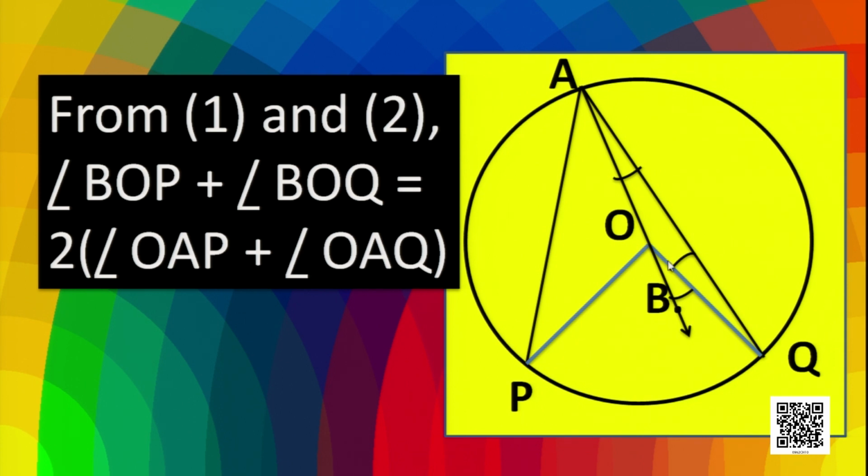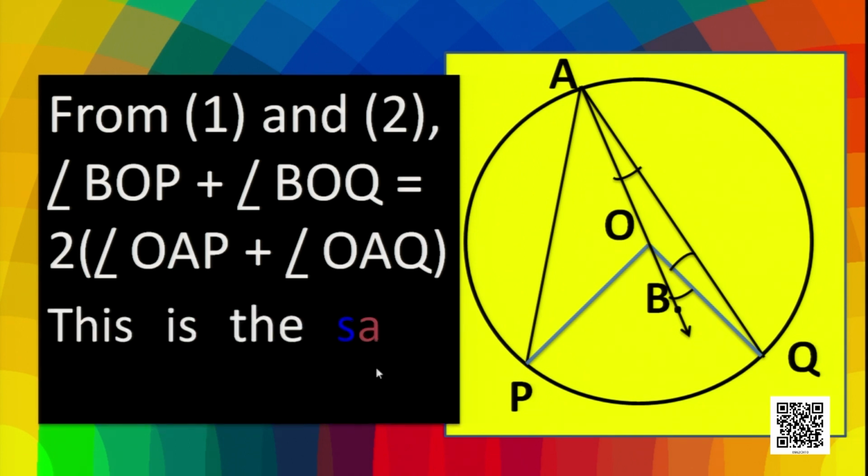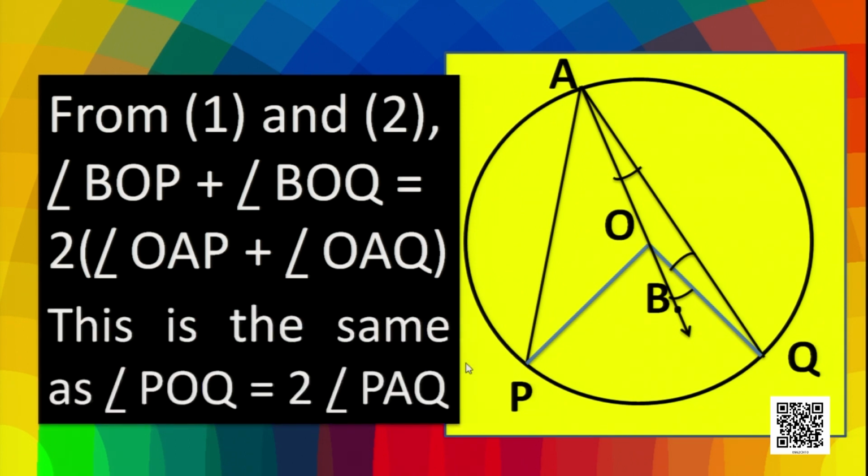See, BOP and BOQ constitute the angle POQ. So we can write that angle POQ is equal to 2 into (OAP plus OAQ), and OAP plus OAQ constitute the angle PAQ. So we can write POQ is equal to 2 PAQ. This is our proof.